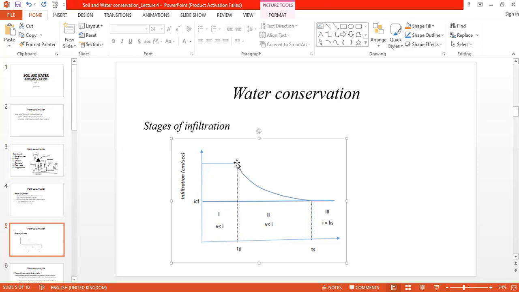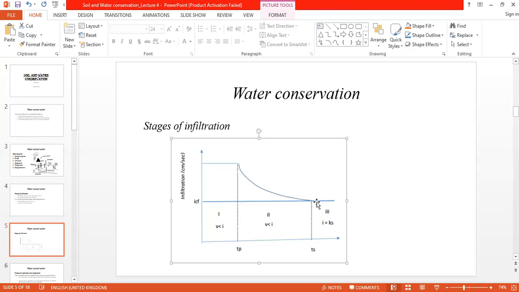Then you reach a point when the soil has become wet. Now the rate at which the water is entering the soil will start to reduce, as the pore spaces are getting saturated. It will reduce until it reaches a point where it cannot reduce anymore. From the point where it started reducing to the point where it can't reduce anymore, this is what we call stage 2.